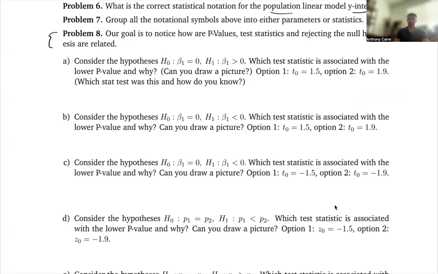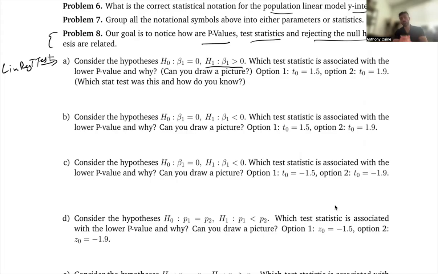So the whole point of problem 8 is just to notice how p-values, test statistics, and rejecting the null hypothesis all work together. When I look at the alternate hypothesis or even just the null hypothesis, I see this beta. It doesn't really matter, but this is a linreg t-test.